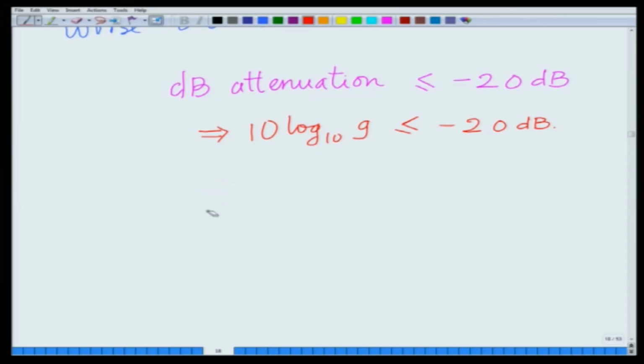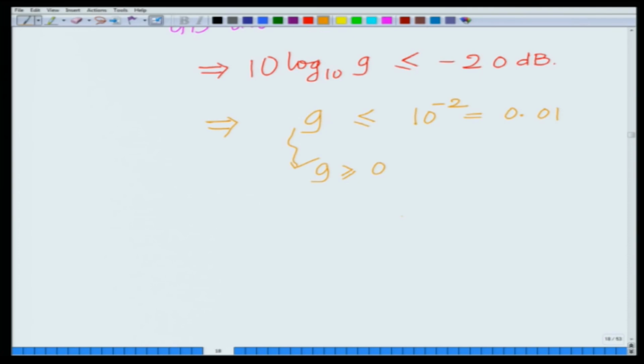So, 10 log to the base 10 of G is less than or equal to minus 20, which basically implies that G is less than or equal to 10 to the power of minus 2, which is equal to 0.01. And we already know that G is greater than or equal to 0, because this is the power gain, and power cannot be negative.